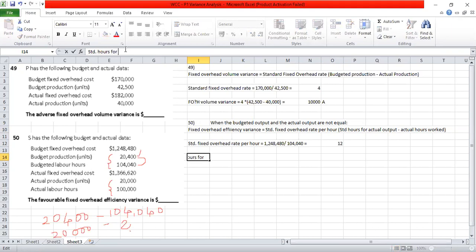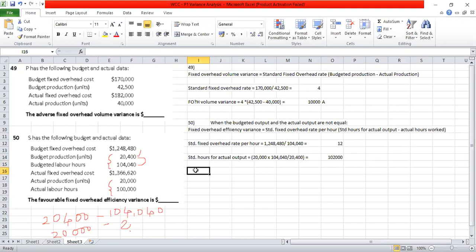Standard hours for actual output would be 20,000 into 10440 divided by 20,400, which is 102,000. Anyway, actual hours worked is given as 100,000.